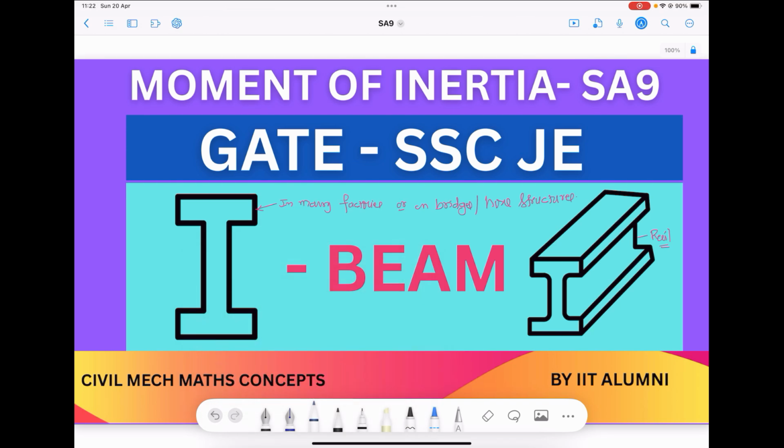This is flange 1 and this is flange 2. This is the web. This is the top flange, and this is the bottom flange. The top flange and bottom flange are connected by a web.